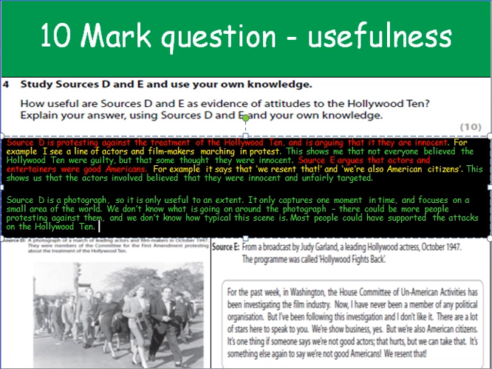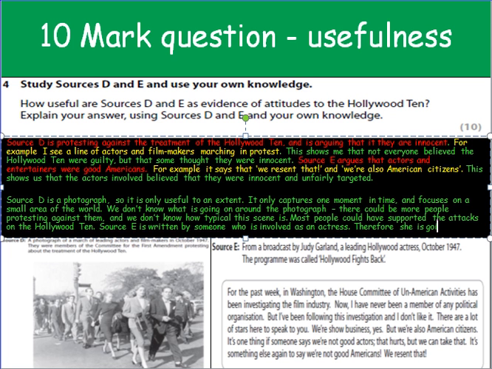And then source E is a text, but we can look at it and say, well, actually, it's from an actress, someone who was actually involved. Therefore, again, let's look at that. Source E is written by someone who is involved as an actress.